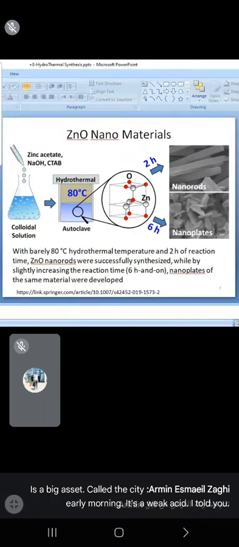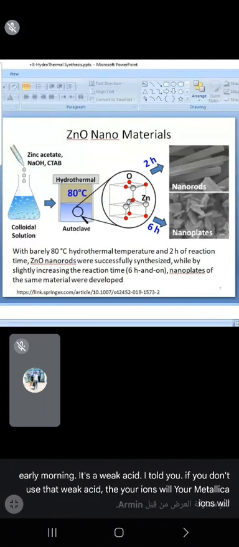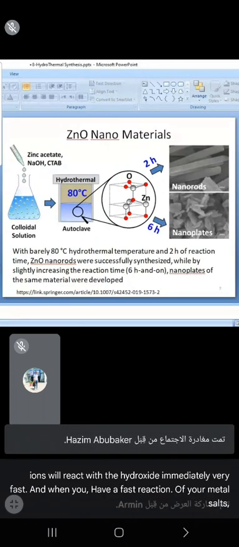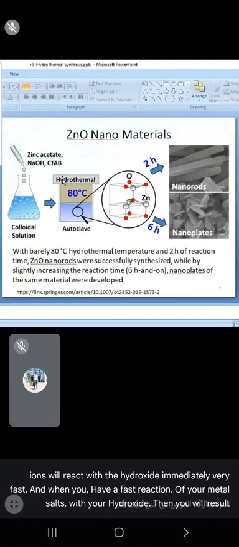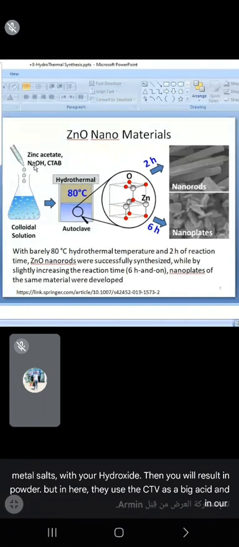If you don't use that weak acid, your metallic ions will react with the hydroxide immediately, very fast. And when you have a fast reaction of your metal salts with your hydroxide, you will end up with powder. But here, they use CTAB as a weak acid and NaOH as the base. Then they form a hydroxide sol.